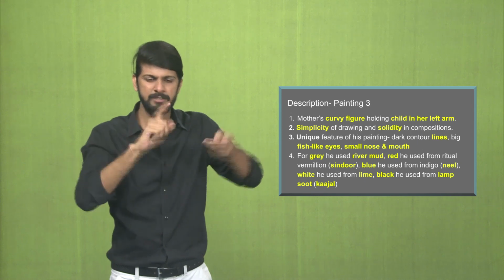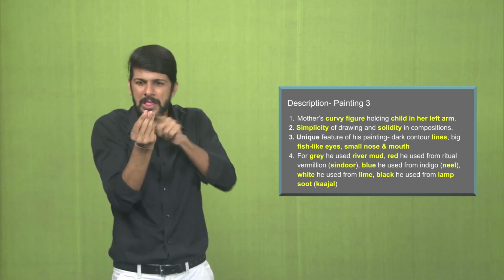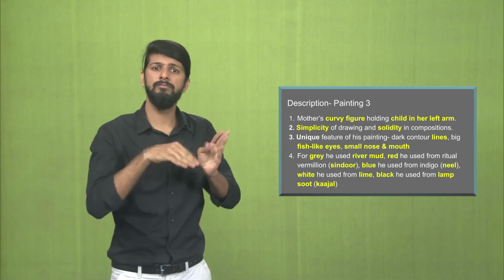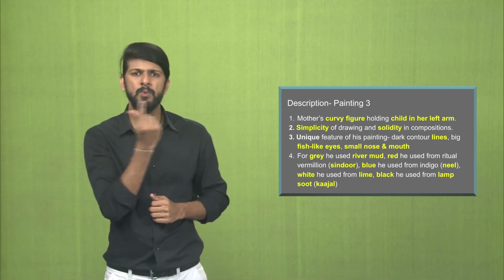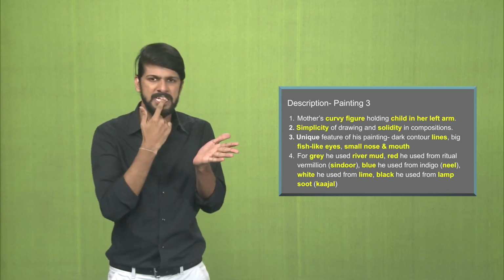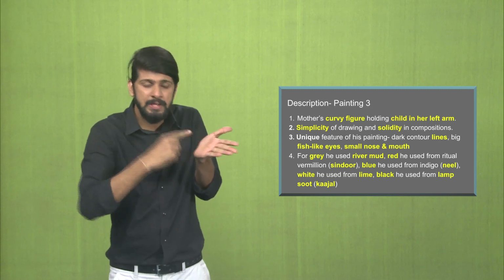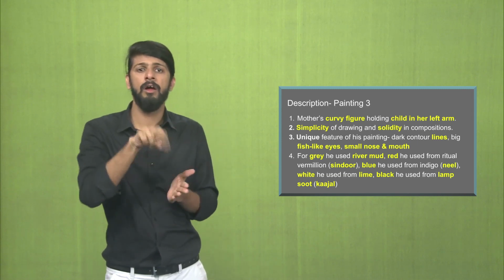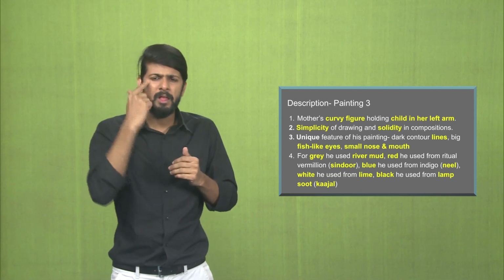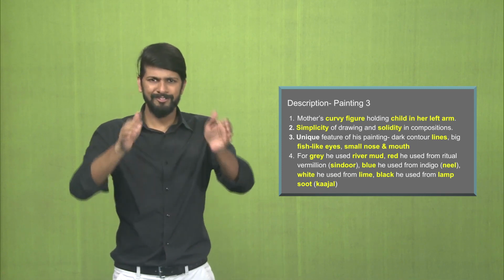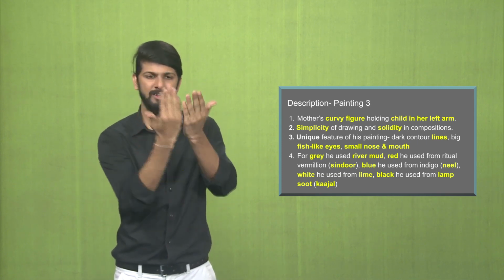For the blue color, he used indigo or neel. For the white color, he would use lime. You know what lime is? What we use in paan, the same he used for the color white. For black, he used lamp soot, how we get kajal.